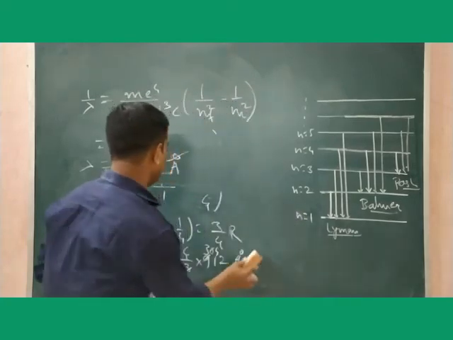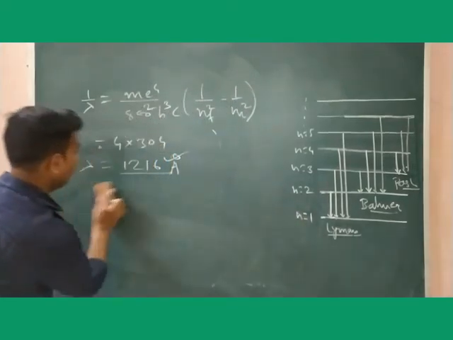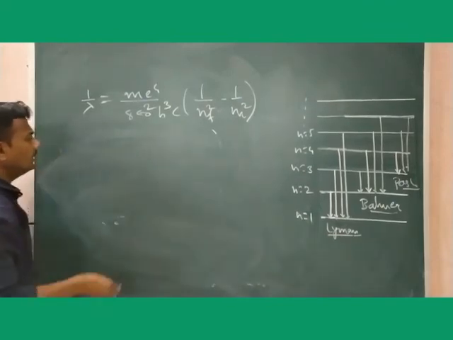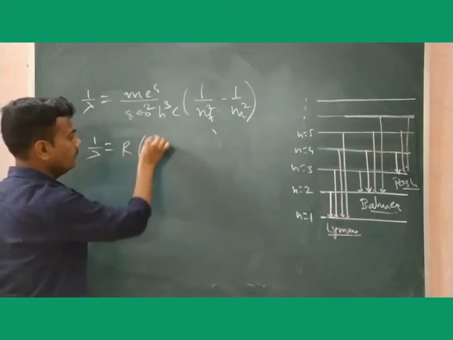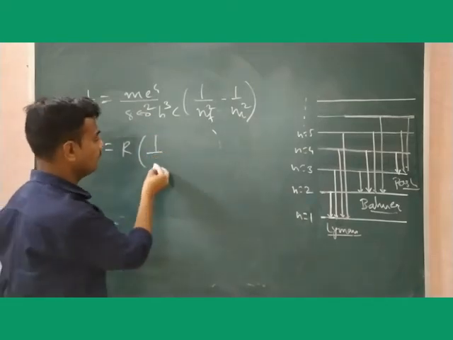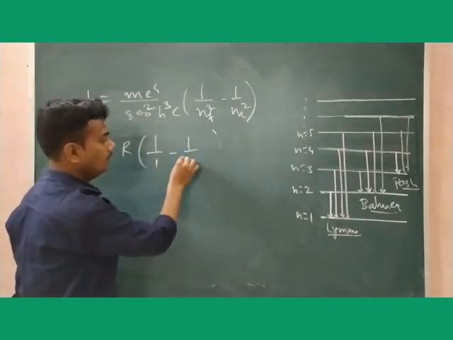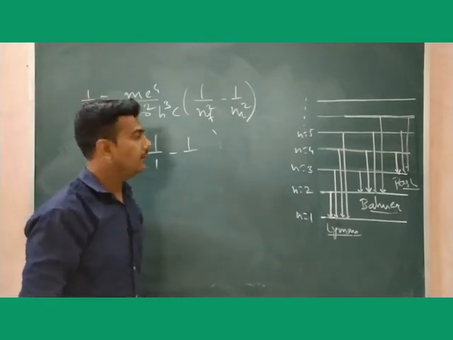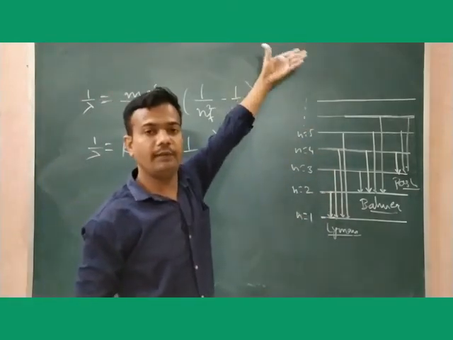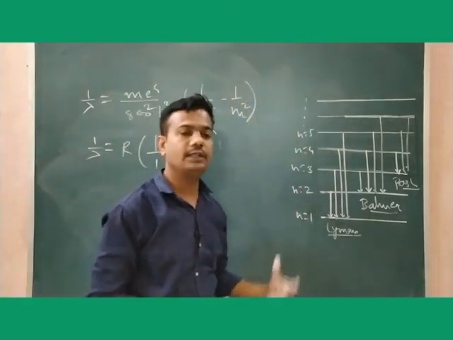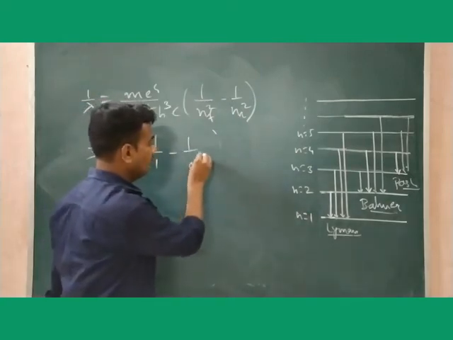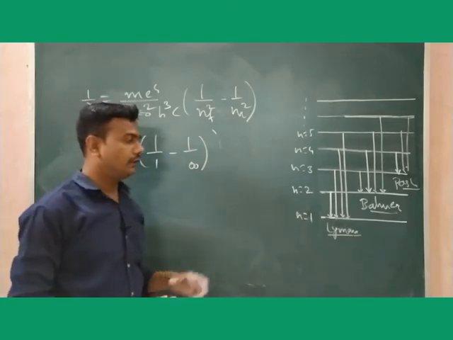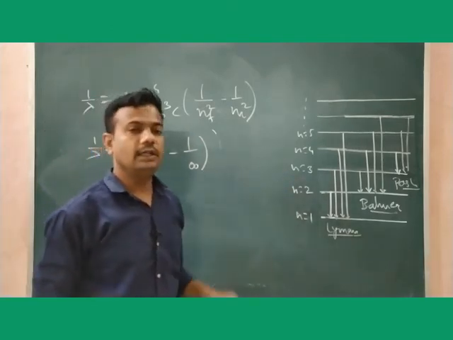So the shortest wavelength emitted in the Lyman series is given by 1 by lambda equal to R times 1 over nf squared minus 1 over ni squared. Here nf is equal to 1, and for the transition from infinity, ni is equal to infinity.